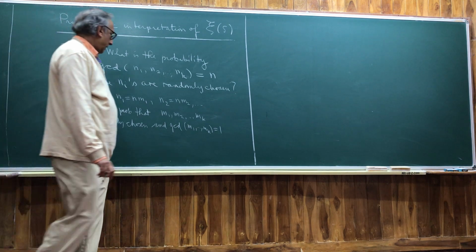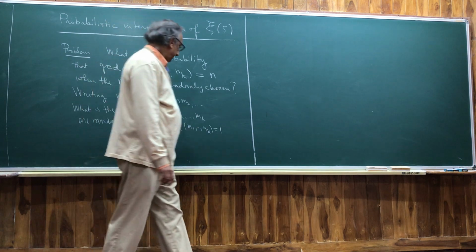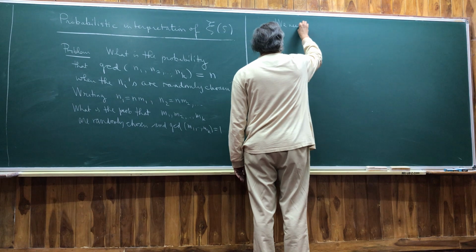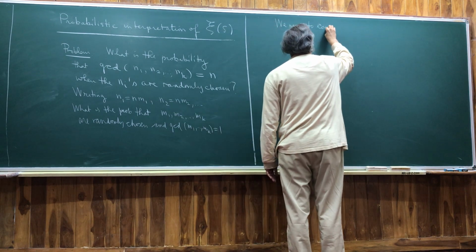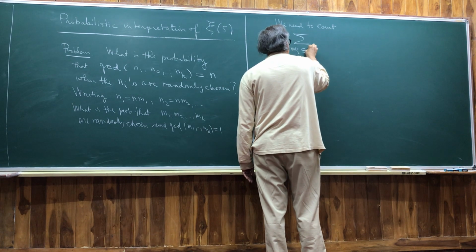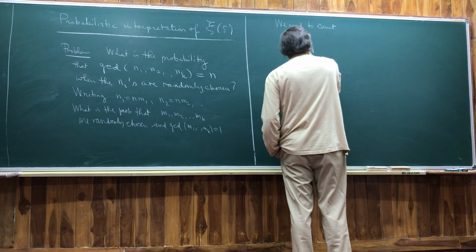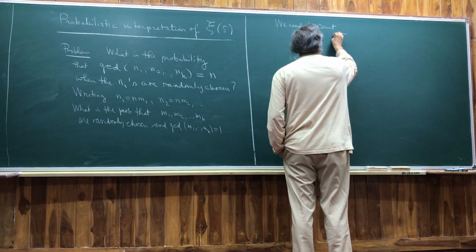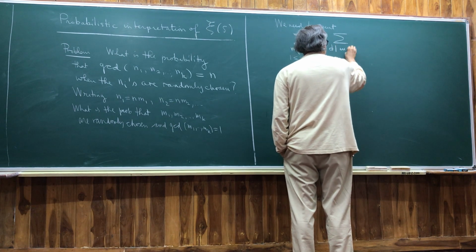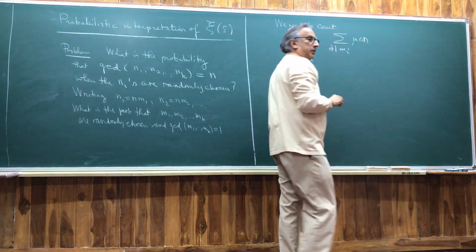Well, you all know that in order to filter out GCD, you use the Mobius function. So we need to count the number of Mi's, let's say, in a box, H, 1 up to K, such that the GCD of all the Mi's is 1.